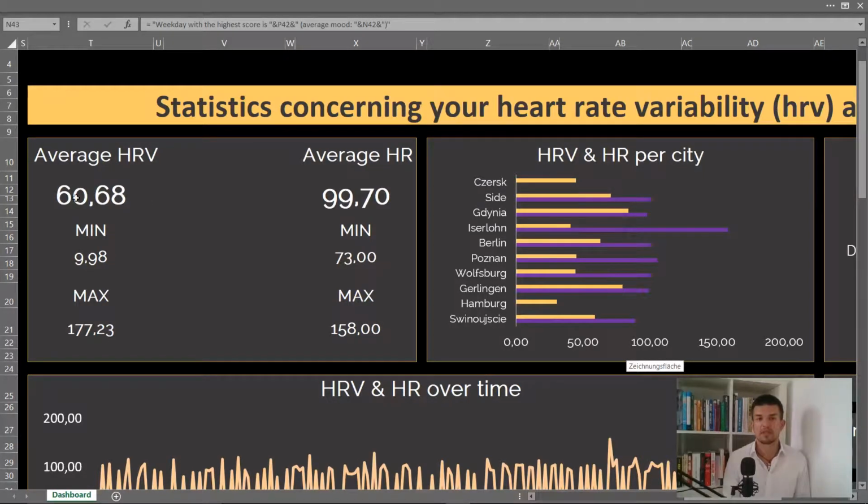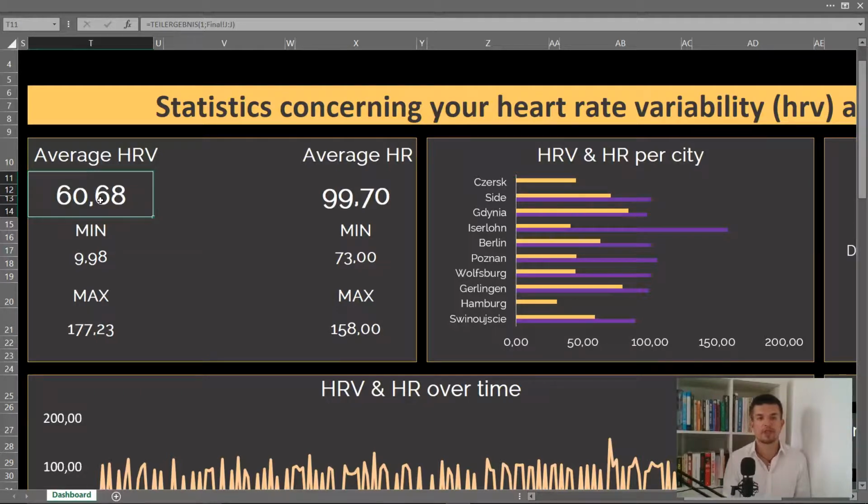Here it is around 60, 61, with a min value of 9 and a max value of 177. The rule of thumb is: the higher the heart rate variability, the lower the stress level. So 60 is kind of an average for people of my gender and my age.